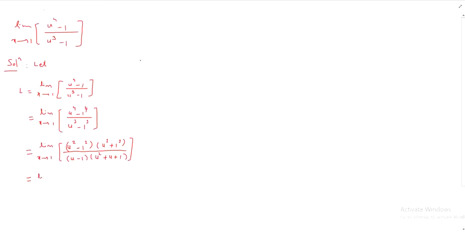So it is equal to the limit x tends to 1, again u square minus 1 square upon... okay, and here to expand this we used the formula a cube minus b cube is equal to a minus b into (a square plus ab plus b square).